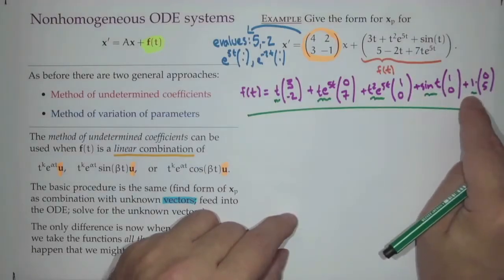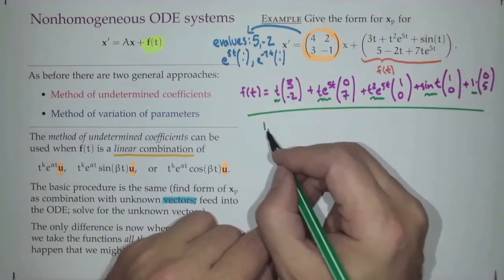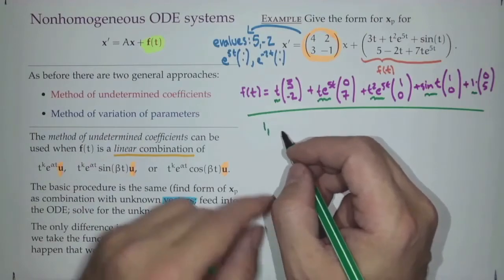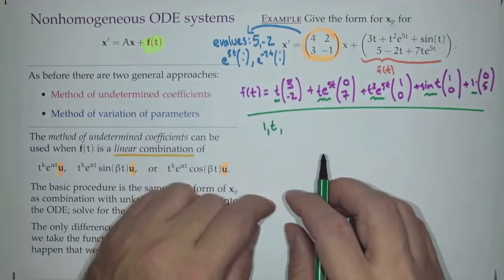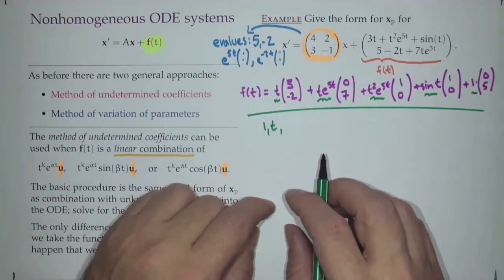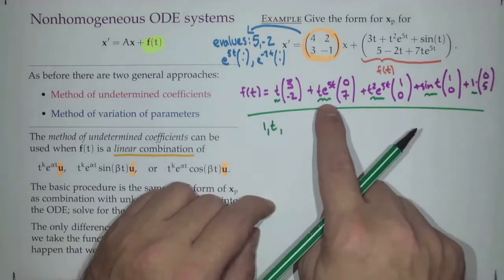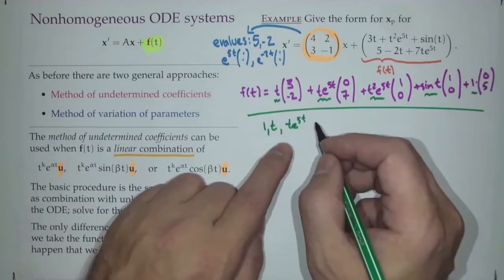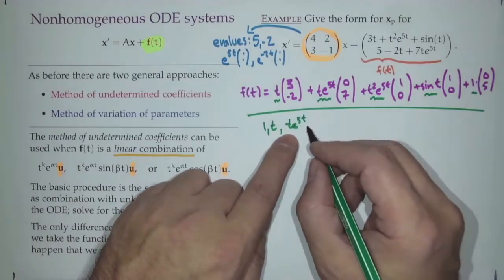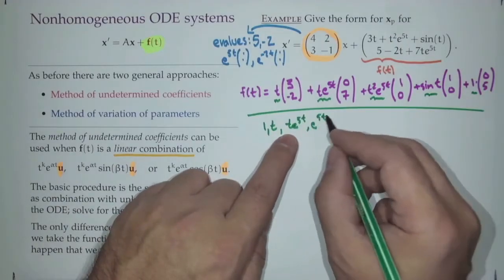Well, we'd need 1. What else would we need? T. We need t e to the 5t, but if we included t e to the 5t, what else would we need to include? We'd have to go down to e to the 5t.